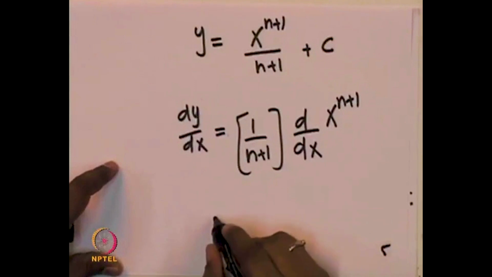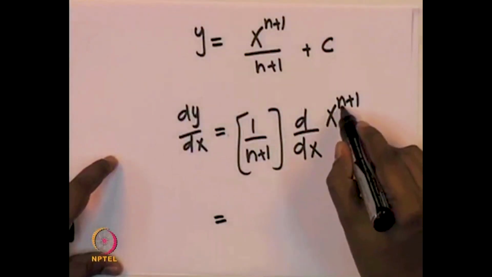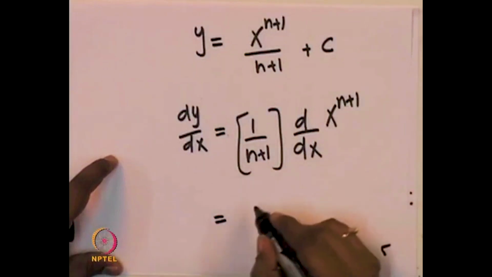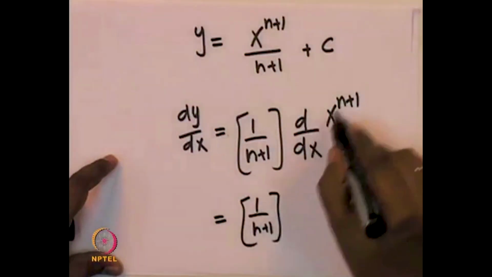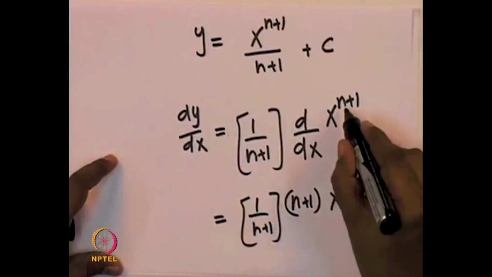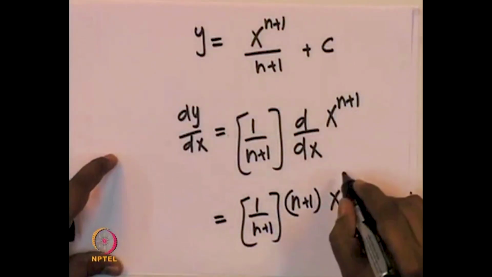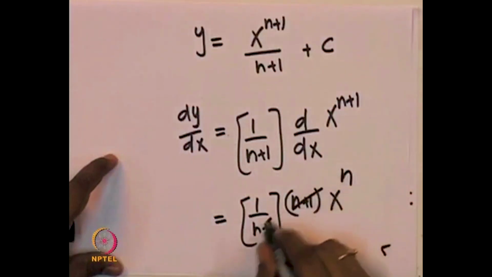If you go back and look at the rules of differentiation, the power n plus 1 comes down. So we have 1 by n plus 1 here, and the derivative of this is n plus 1 times x power n plus 1 minus 1. n plus 1 minus 1 is n, so this and this cancel.